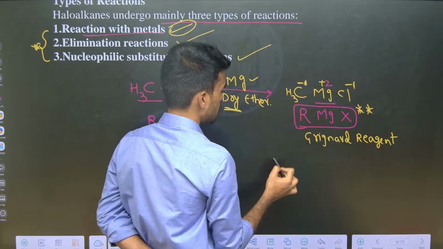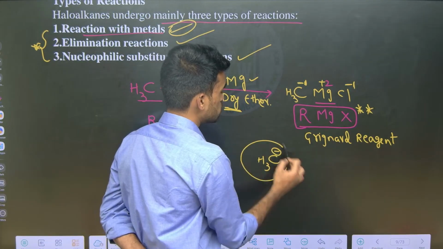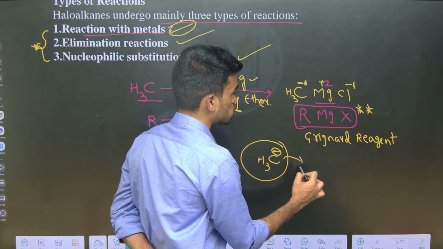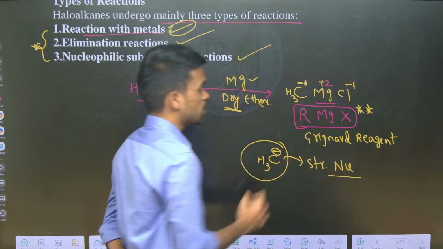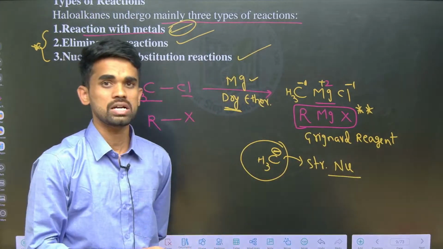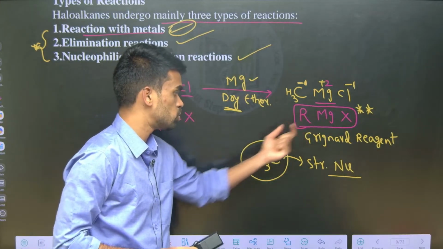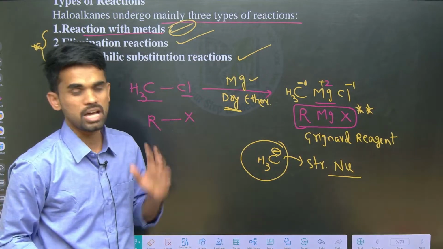So here you can see our alkyl group, like the methyl group, is having a negative charge, okay. So a less electronegative atom having a negative charge on it can act as a strong nucleophile. I am saying it's a strong nucleophile, or it can also show its basic nature, okay. Now Grignard reagent can show its basic nature as well as nucleophilic nature depending upon the reaction here, okay.